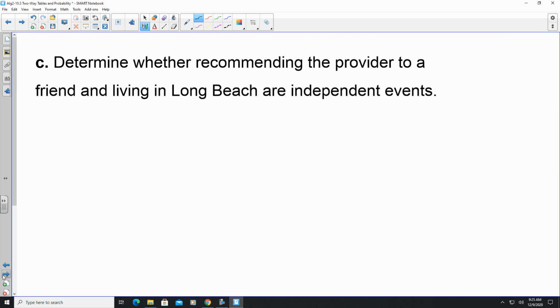All right, here it says determine whether recommending the provider to a friend and living in Long Beach are independent events.